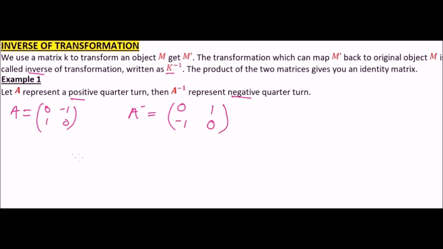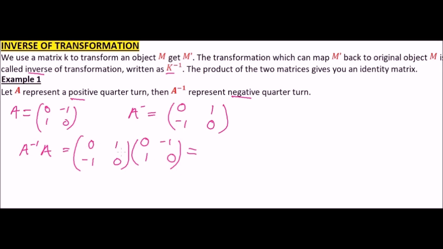So what we are saying, if you multiply the inverse of A by A, we start with 0, 1, minus 1, 0. That is A inverse. You multiply by A, which is 0, minus 1, 1, 0.